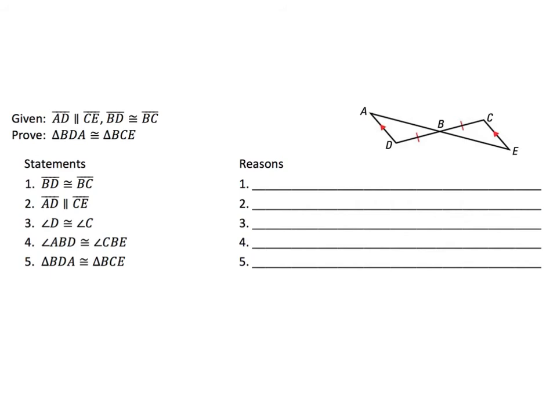So we are given that BD is congruent to BC. That's a given statement. And we are also given that line AD is parallel to line CE. Again, those are actually in the picture as well. They are marked, so that is another given. And then we are going to say that angle D is congruent to angle C. Well, that's not in my given statement, so let's draw ourselves a picture here.